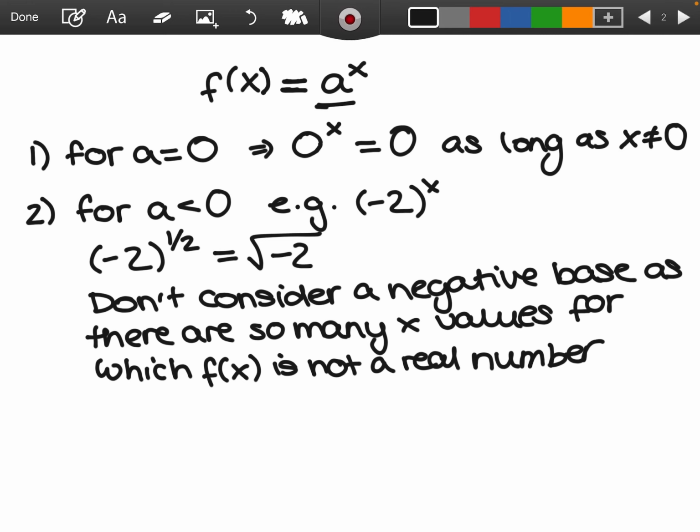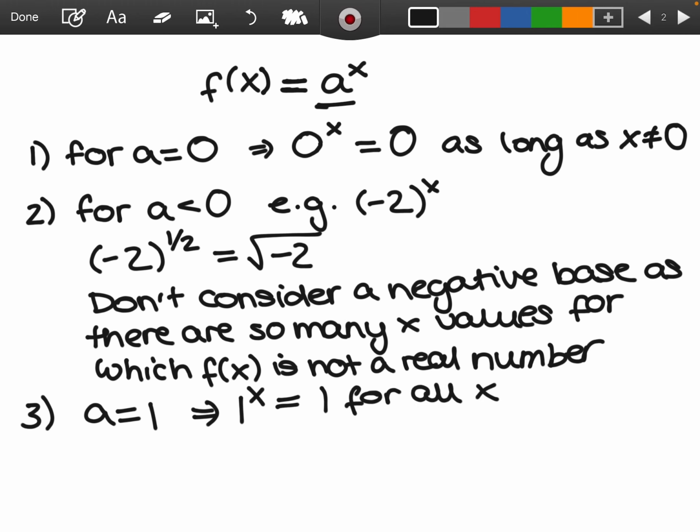So now I'm just looking at a being greater than 0. Okay? But there's one more number that I don't really want to ever consider as a base for any of my exponential functions, and that is a is equal to 1. What happens when a is equal to 1? Well, I end up with 1 to the power x. 1 to the power x, no matter what value x is, always equals 1.